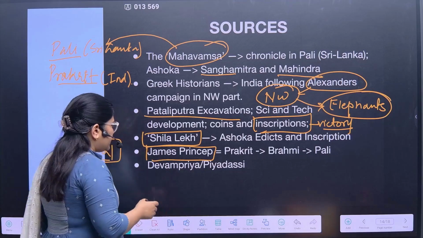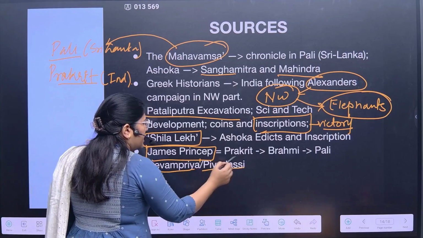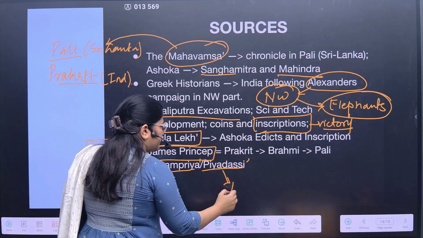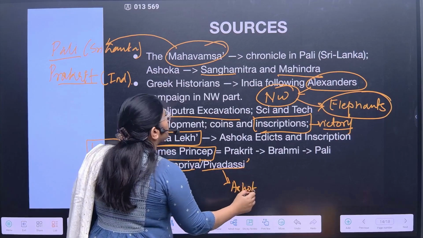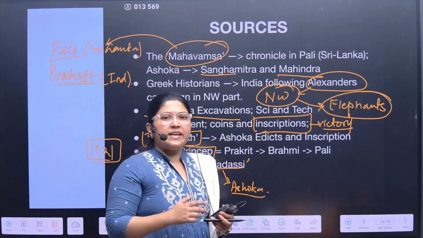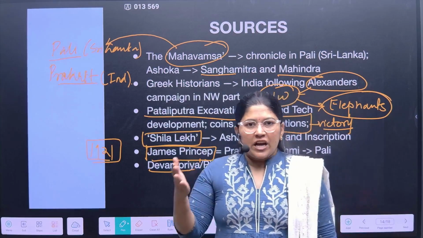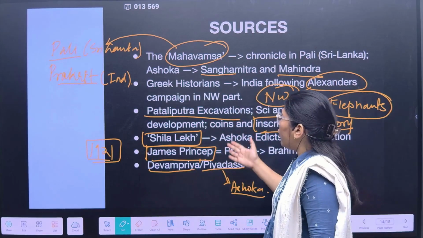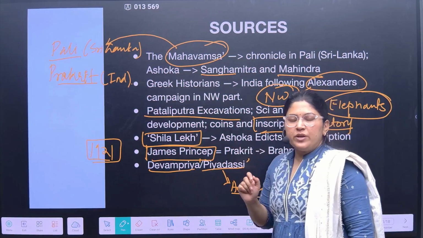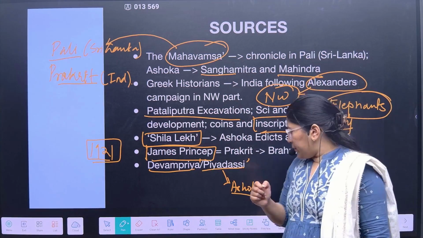After this, Devanampriya or Piyadasi was also the word given to Ashoka. So this is also what we get from the sources. Please try to remember these words and the concepts which we derive from the inscriptions or the ancient sources.